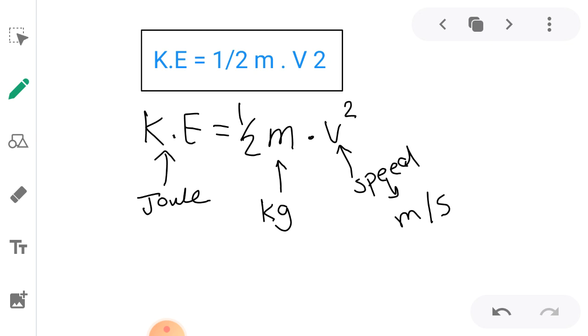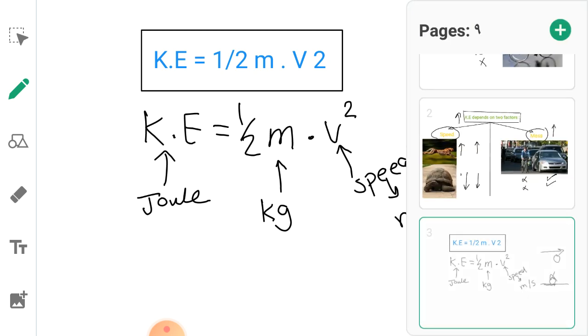So that is kinetic energy for an object that is moving, but if the object is at rest, it doesn't contain any kinetic energy.